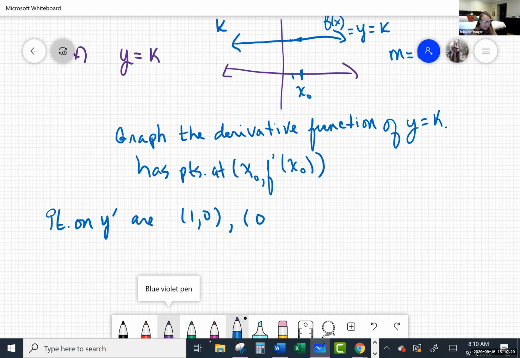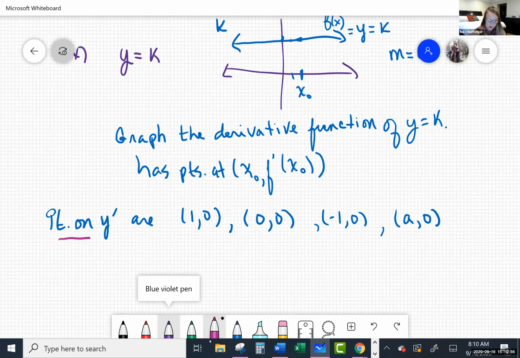If I had x equals 0, my slope is still 0. If I had x equals -1, my slope is still 0. So I'm again getting a horizontal line, but this horizontal line is on the x-axis. Any number I plug in here, I get back 0 for y.